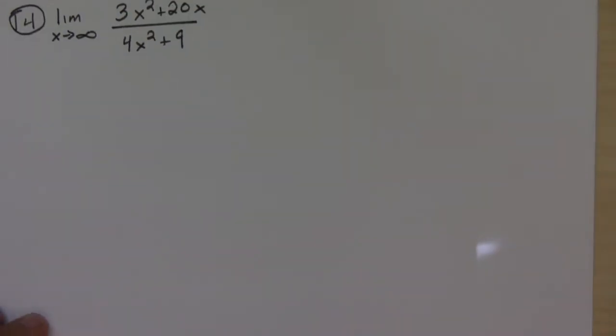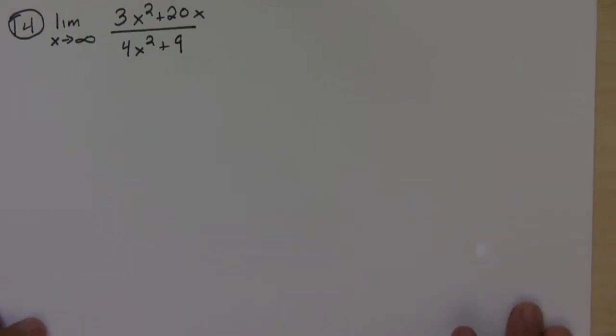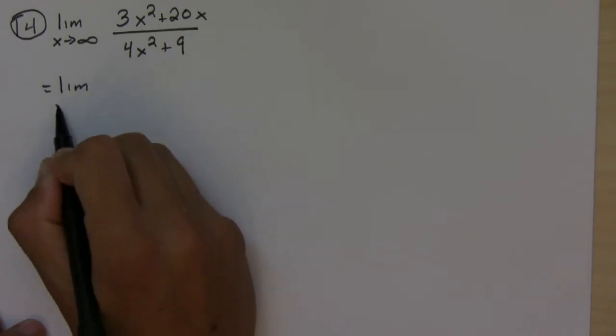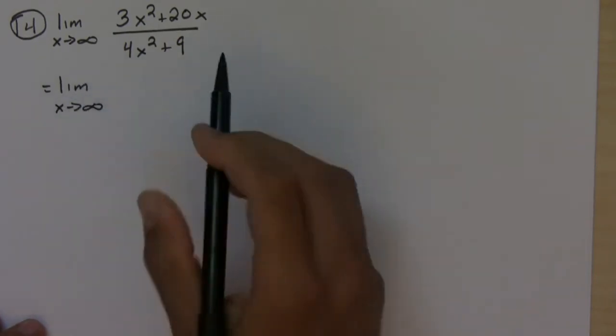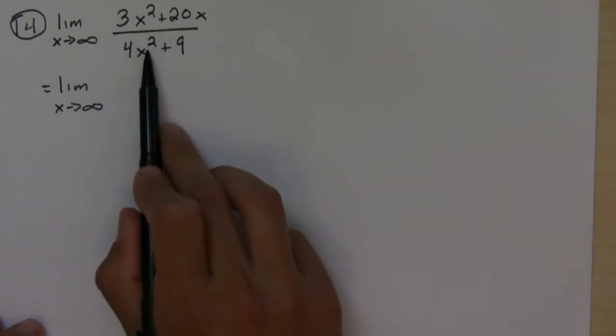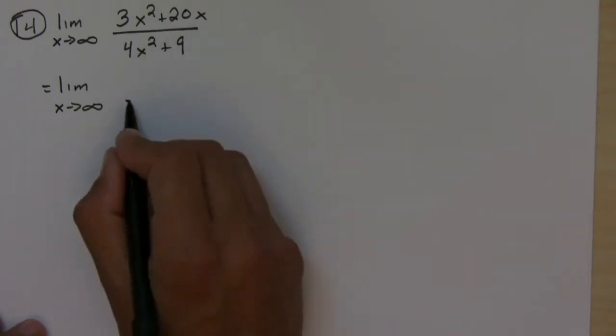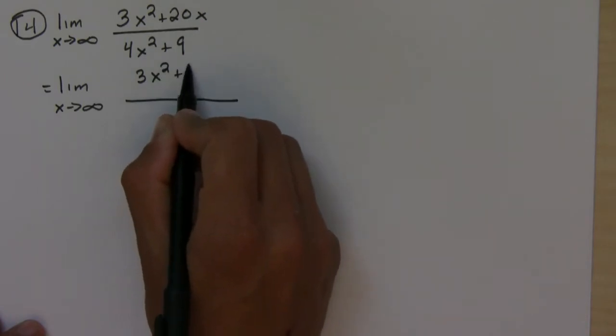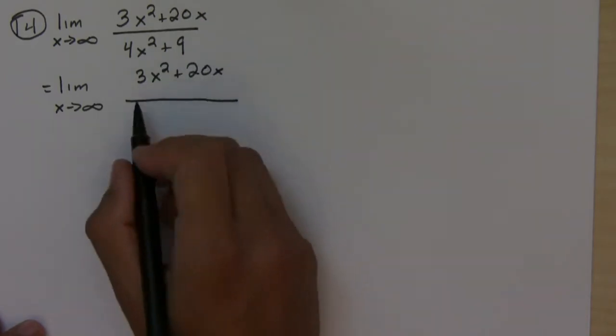Okay, so we're going to approach this problem how we usually approach infinite limit problems. So I'm just going to rewrite it. And remember, you look for the highest power. Here the highest power is 2. So we're going to divide numerator and denominator by x to the highest power.